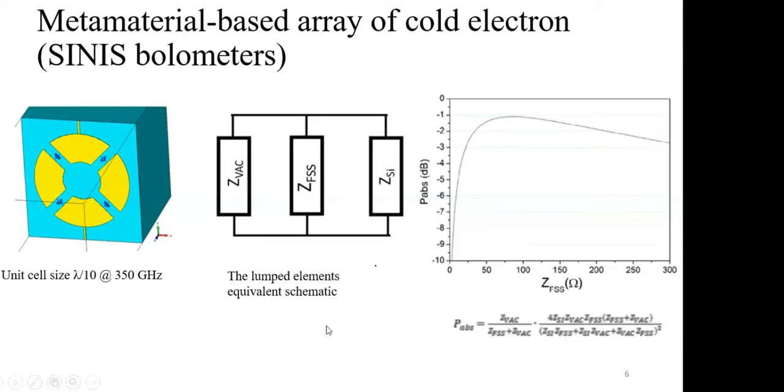In the middle, you can see the lumped element equivalent schematic based on the impedance of vacuum, the impedance of the frequency selective surface, and the substrate, which is silicon.